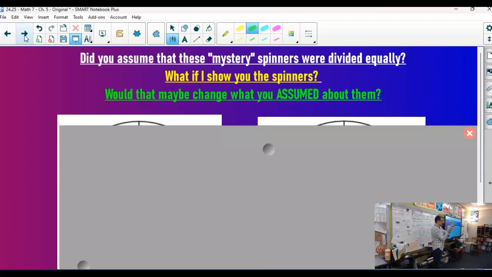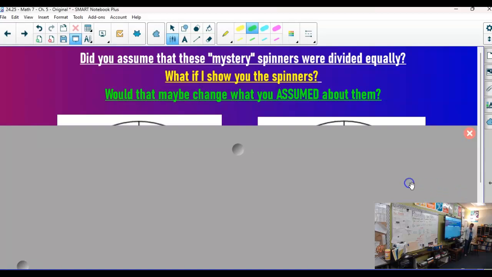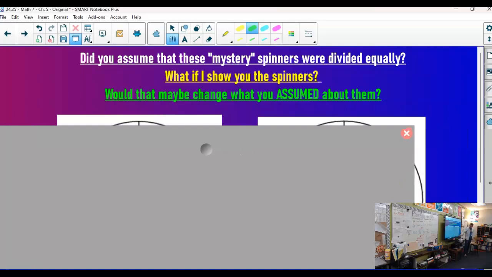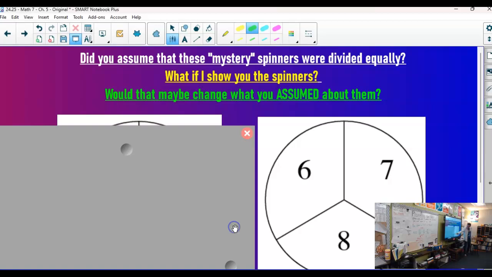Or did you think a third of it is 2, a third of it is 3, and a third is 4, like it's split up evenly? Caroline, what did you think about the spinners? So when we think about our 6, 7, 8 spinner, is that fair? Like, not the number even, but split up equally. Okay, so that spinner is fair.